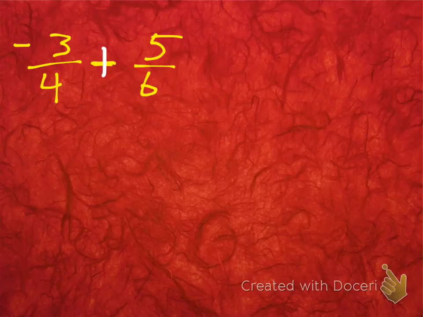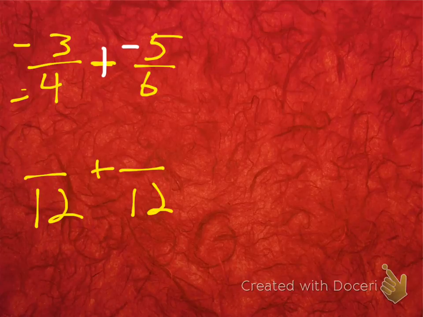Yeah, I've got to change the positive 5/6 to a negative 5/6. Alright, what's my least common denominator? Nope. There's a smaller one. 12. 24 would work. Alright, let me start off by saying 24 would work. Alright, but you're dealing with larger numbers. 12 is smaller, so it's a little bit easier.